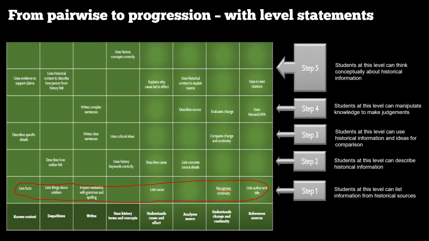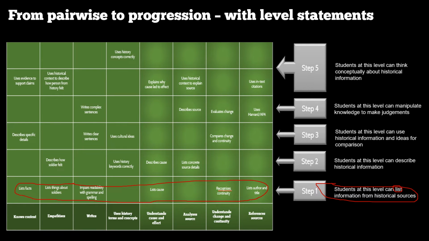So my summary, as I've said, is: students at this level can list information from historical sources. With the emphasis being on the word list there, right? So I haven't just repeated all the criteria. I've tried to come up with a statement that summarizes what students at that level can do. And as I say, it's not easy to do.